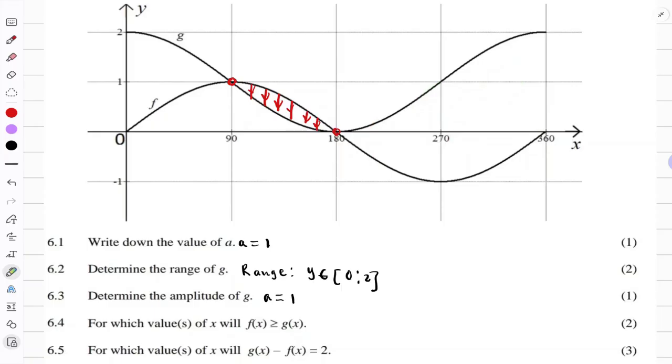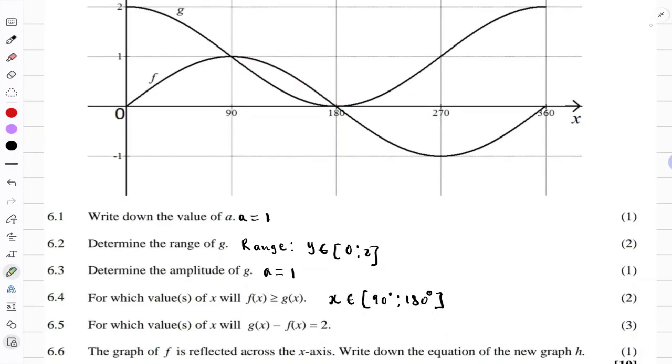So the solution then becomes x belongs to all the angles from 90 degrees to 180 degrees, with 90 degrees and 180 degrees included in the solution, hence the square brackets.